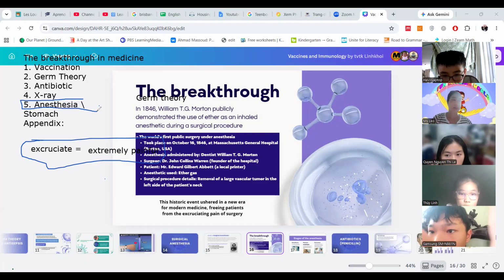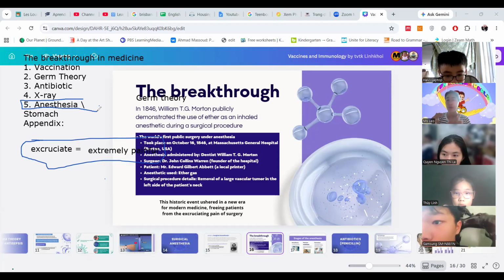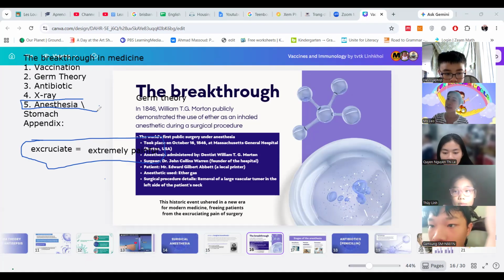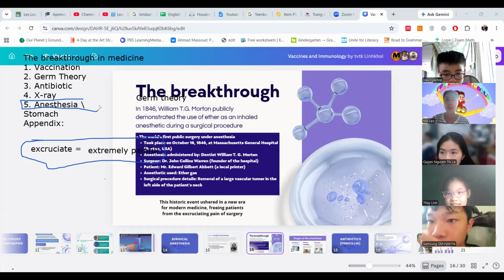It depends on the dose, the amount of anesthesia and the time that they put on the body, how long it takes. The amount will affect the result, and it also depends on the age and the health of the patient. For example, the older, the riskier; the weaker, the easier.